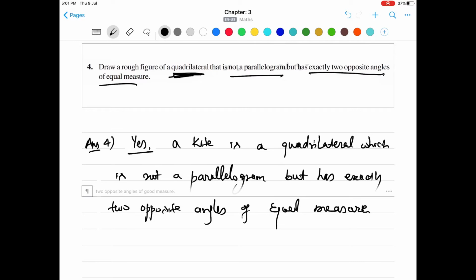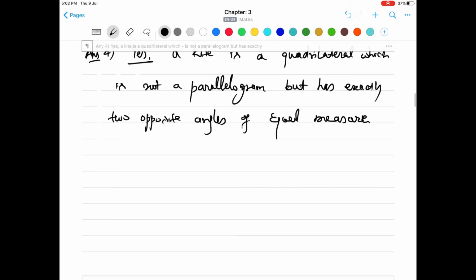Okay, so you can draw any rough figure for a kite, that will be like this. If you draw a figure of a kite like this, its 2 opposite angles, these 2, will be equal. Again as I said, I'm drawing only a rough figure.